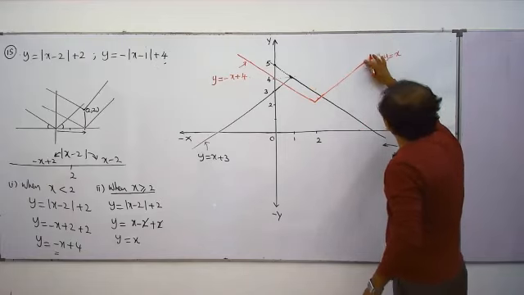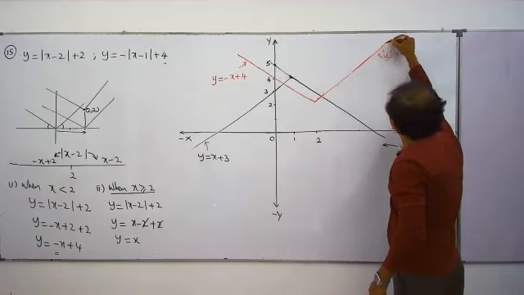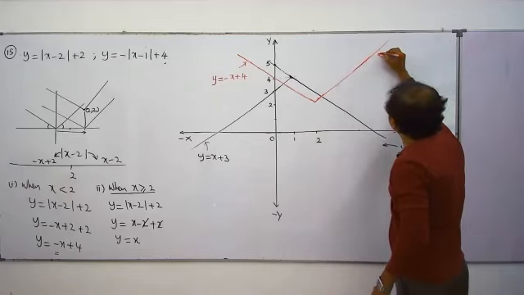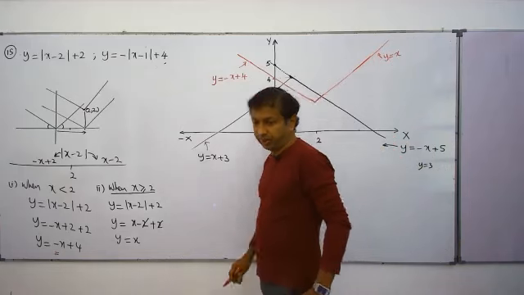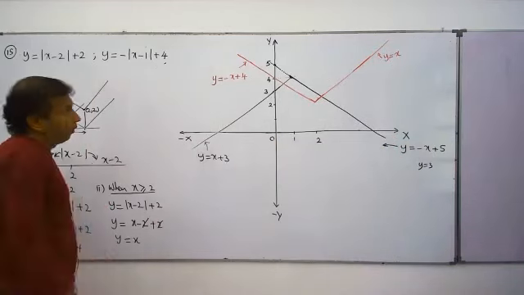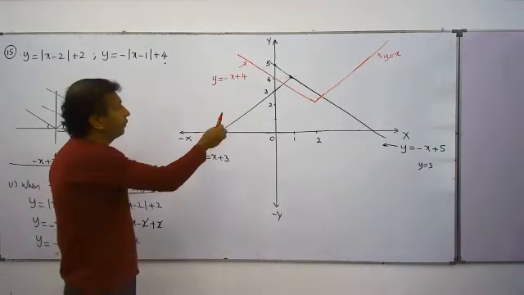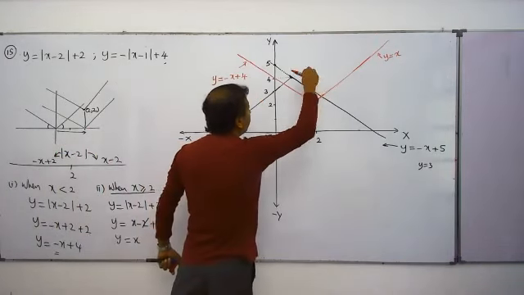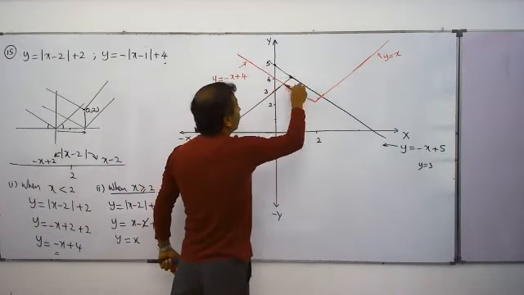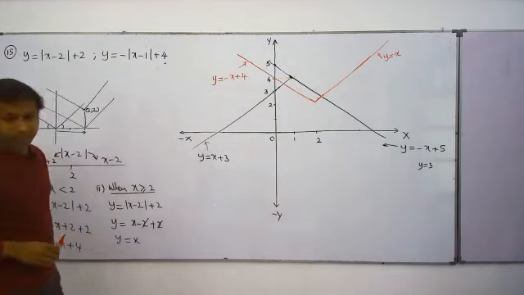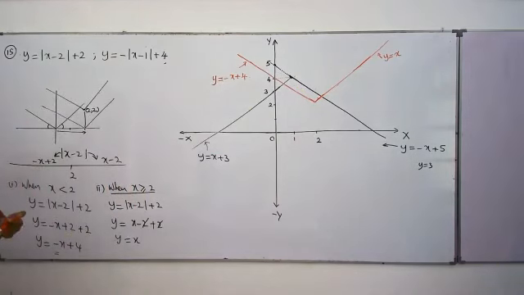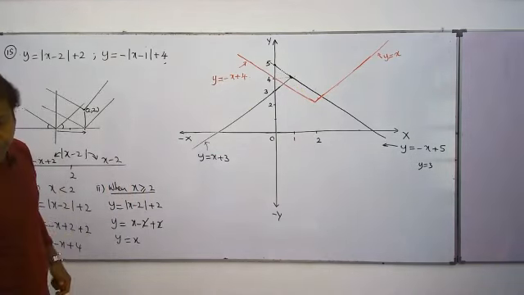These two, people, huh? This we drew. Now this one and this one become parallel. This one and this one become parallel. These are the two graphs now we need, right?